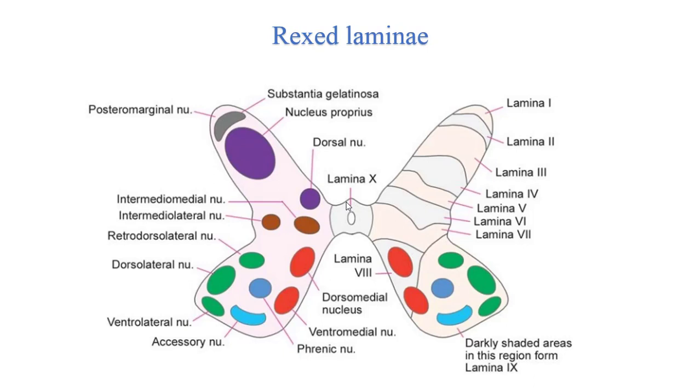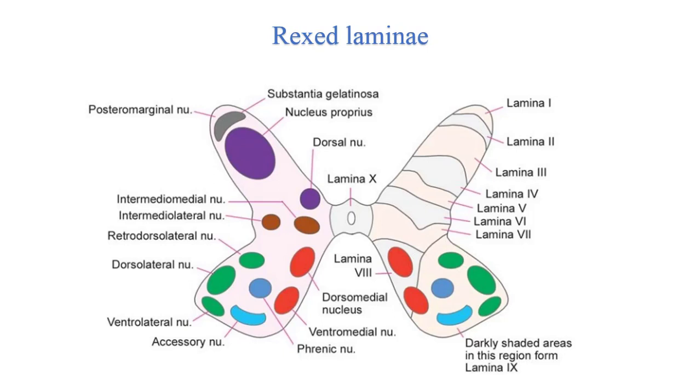The function of neurons in lamina 10 still remains unknown. However, it has been established that this area plays a role in somatosensory integration, autonomic regulation, visceral nociception, and the modulation of the motor neuron output.